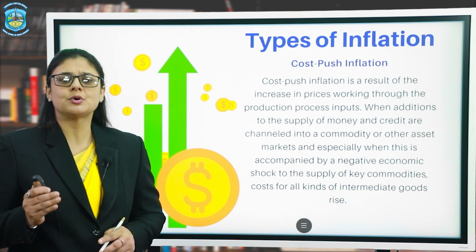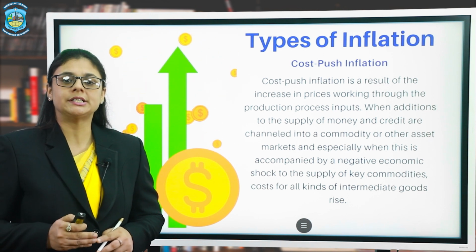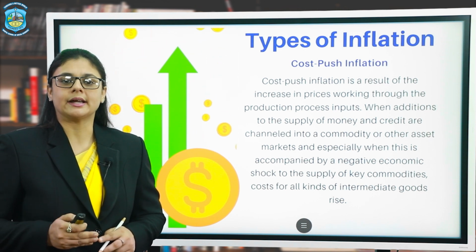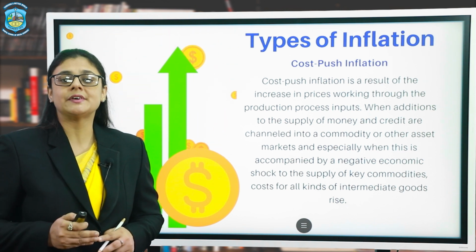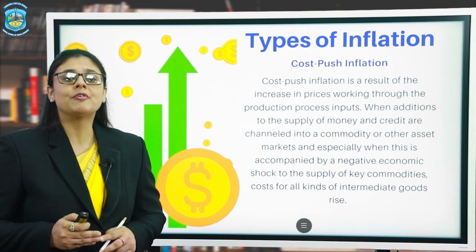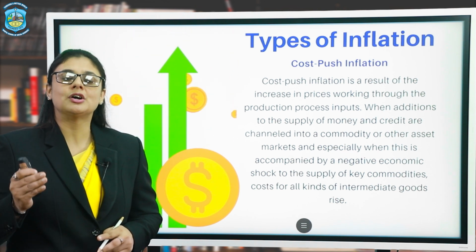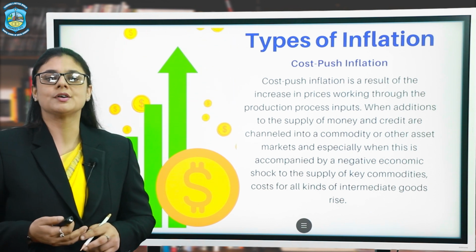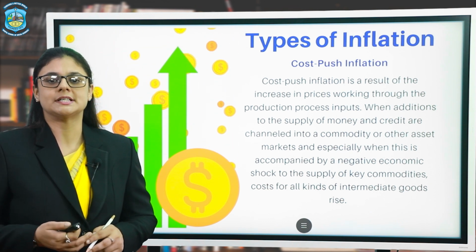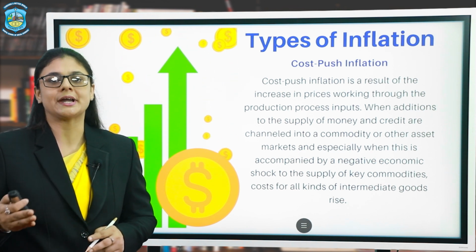When additions to the total supply of money and credit are channelized into commodity or other asset markets, especially when this is accompanied by a negative economic shock to the supply of key commodities, costs for all kinds of intermediate goods rise. These developments lead to a higher cost for finished products or services and work their way into rising consumer prices.